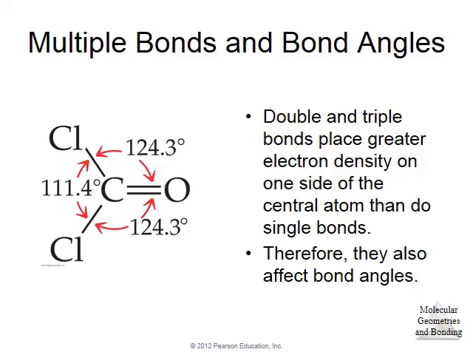It tends to squeeze the other angles, and that's why the angle is no longer 120 degrees, rather it's 111 degrees for the other bond angle. And in addition, these angles got slightly bigger. Again, this is the effect of this pi electron cloud. But approximately you can still say that these are close to 120 degrees.